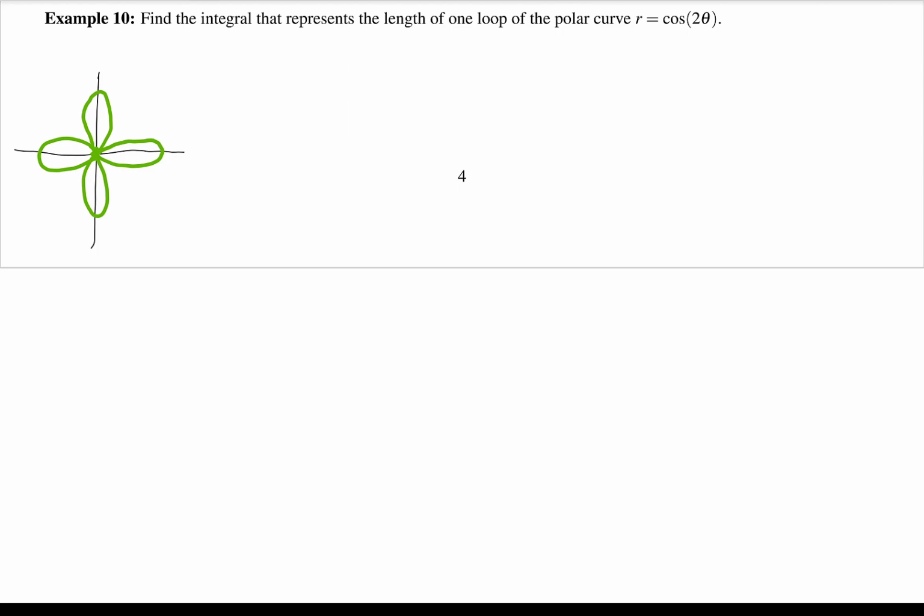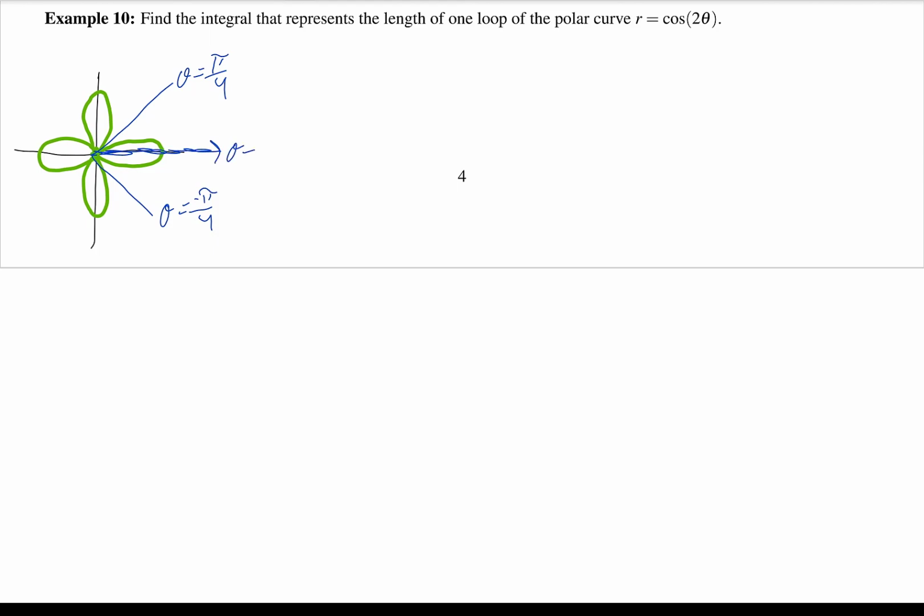Okay. Now again, this is symmetrical. So the way this would work, instead of going from theta equals negative pi over 4 to theta equals pi over 4, we can just go from 0 to pi over 4.